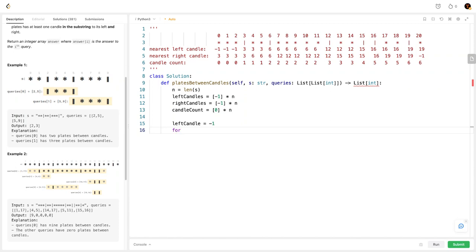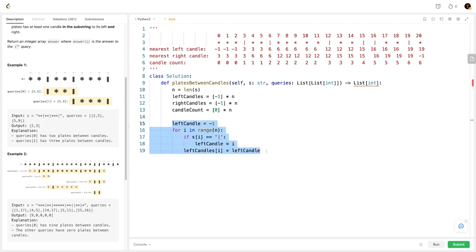So for each char in S, if char is equal to the pipe, then the left candle is equal to, actually I need the position. So for i in range n, char would be s[i]. So the closest left candle would be i, and then for left candles at this position, we set it equal to the value of the left candle.